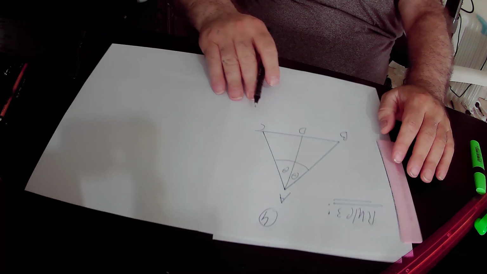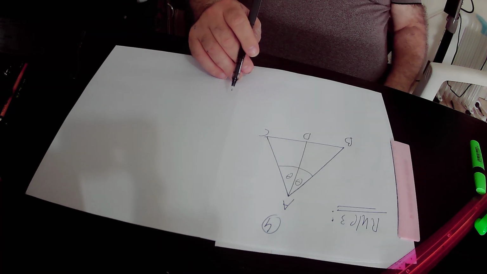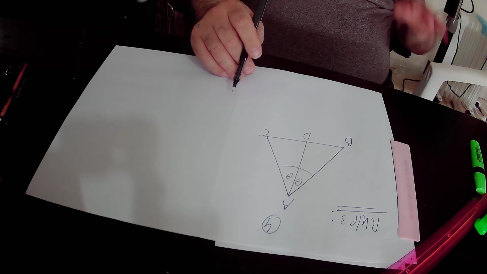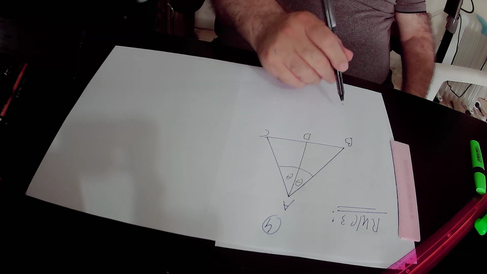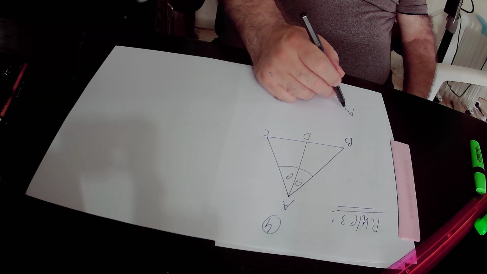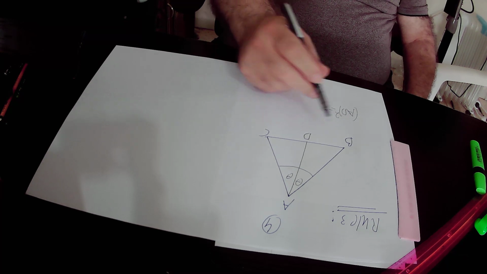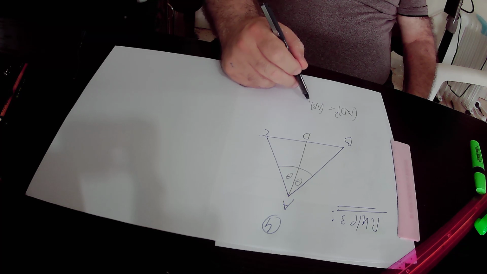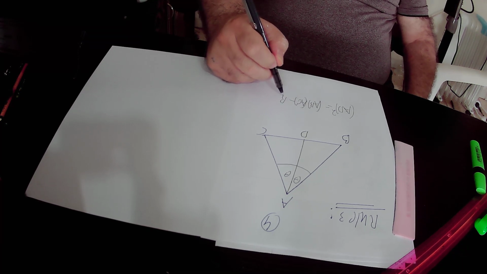According to rule number 3, the following equation is true. If we have triangle ABC, that could be any triangle, and we have in triangle ABC the angle bisector AD, then according to rule number 3, AD squared equals AB times AC minus BD times DC.